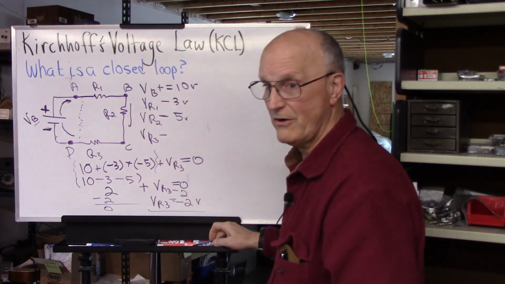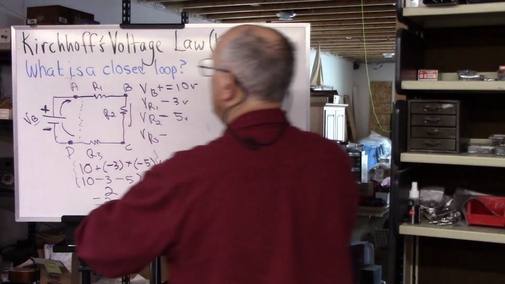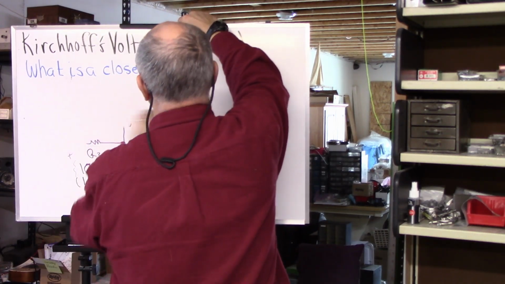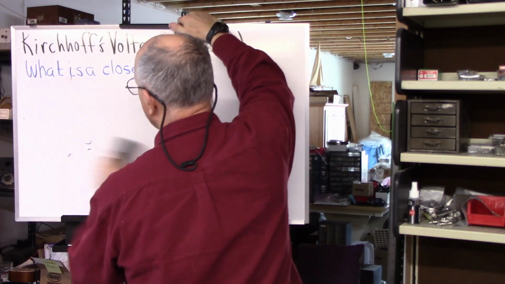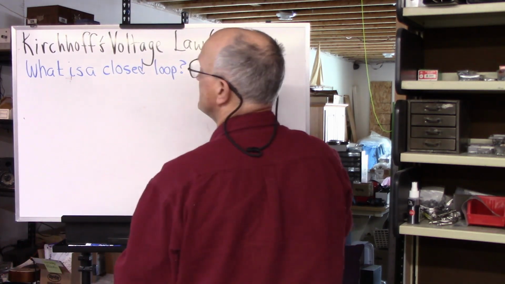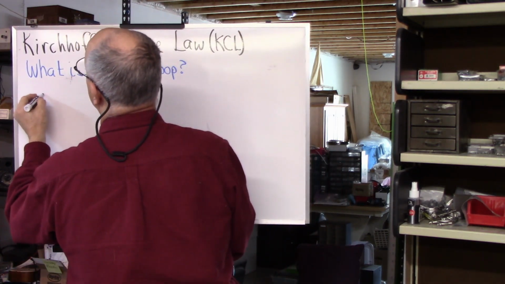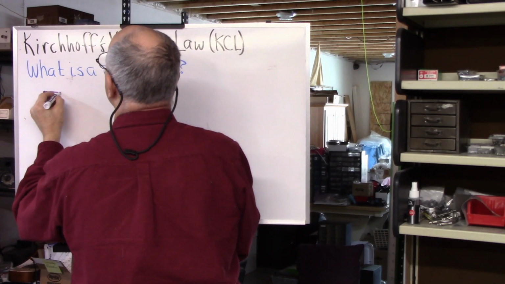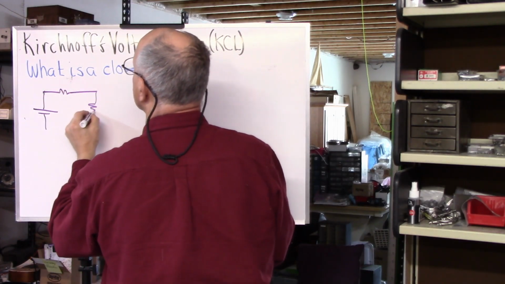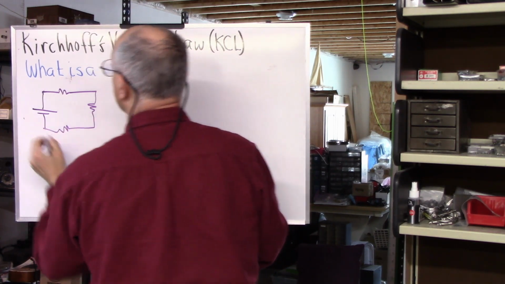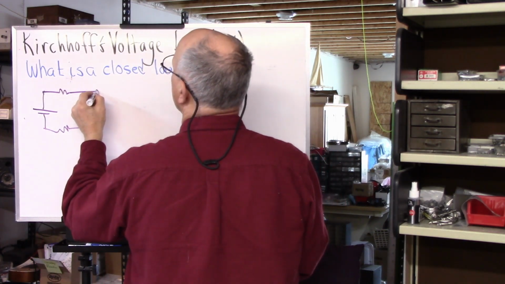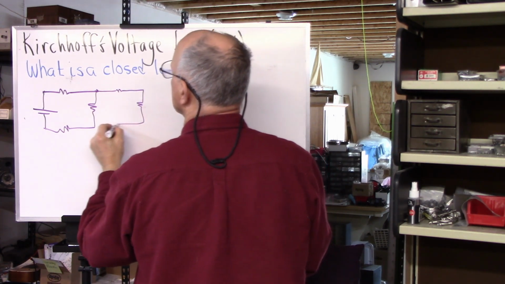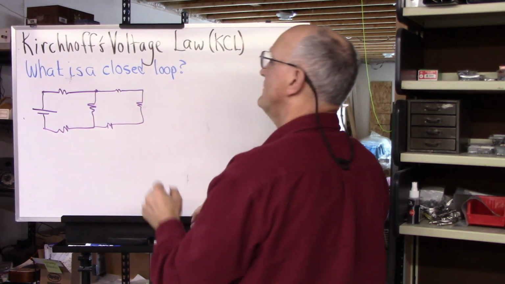That's Kirchhoff's voltage law. Now, just as a point of note, consider this situation where you have a battery, a resistor, a resistor, a resistor. We've seen that already. But what if we have something out here too?